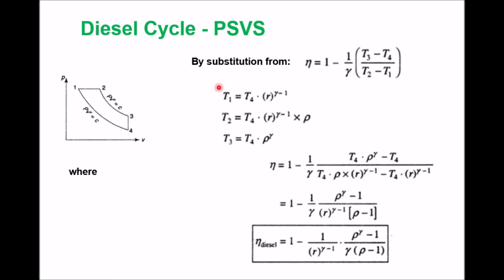So we substitute these values to the original equation of efficiency. That is 1 minus 1 over gamma multiplied by the expression T3 minus T4 divided by T2 minus T1.